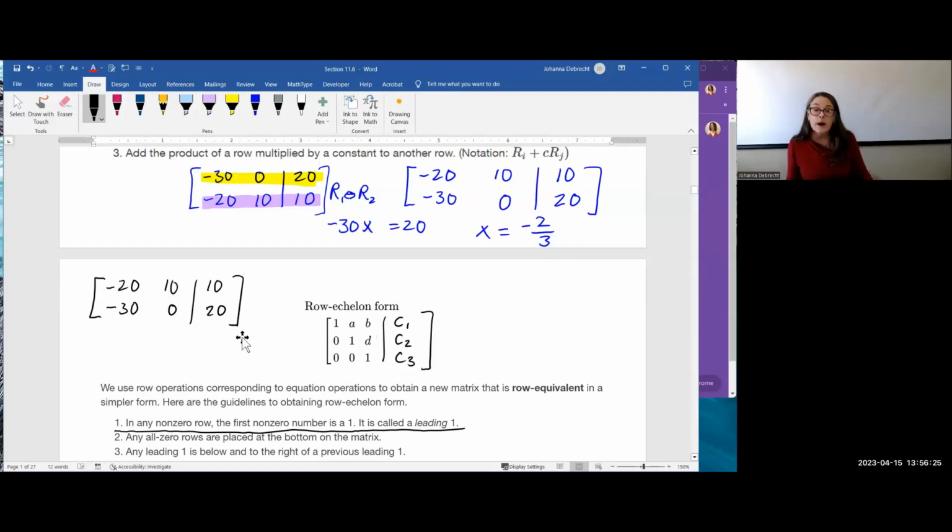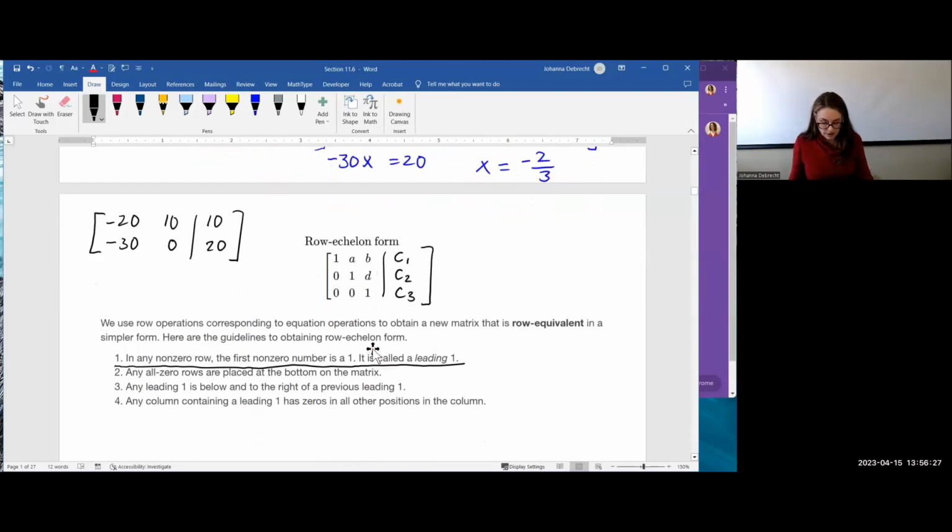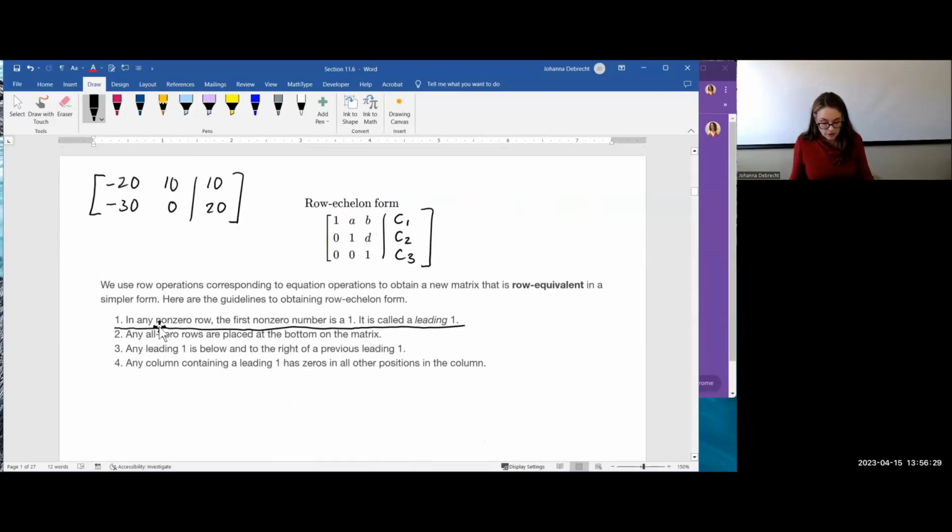Okay, so I don't have any row that's all zeros, but the first number in any row should be a 1. So what I might do next is divide out so that I can get a 1 in one of these rows. So for example, on this one up here, to make this first point right here a 1, I would have to divide by a negative 20.